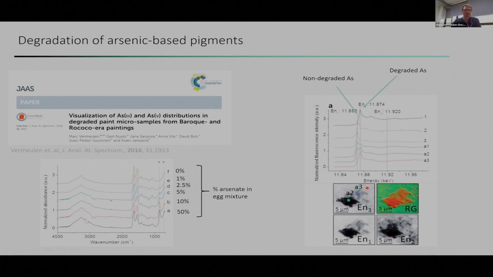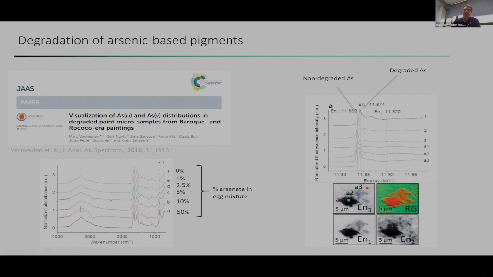And I published that a few years ago, and you can see that only big amounts of arsenate will be able to be identified. However, if we move to synchrotron radiation, looking at the oxidation state of the element, we were able to identify the oxidation product and the degradation product in, at that point, paint microsamples.